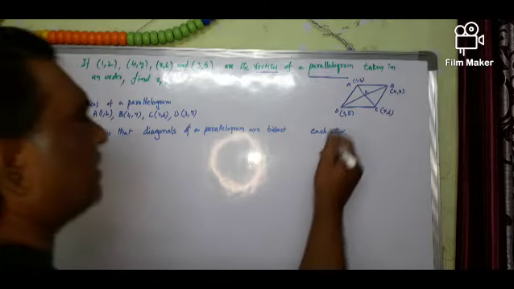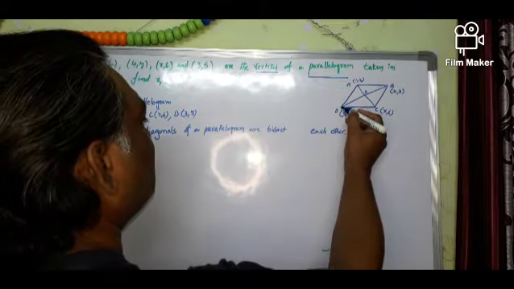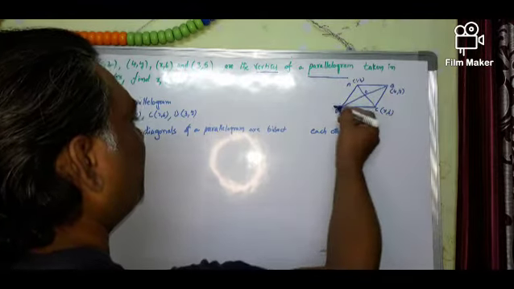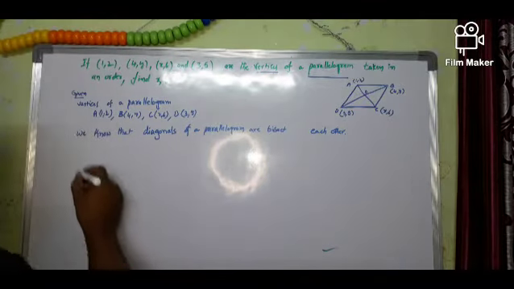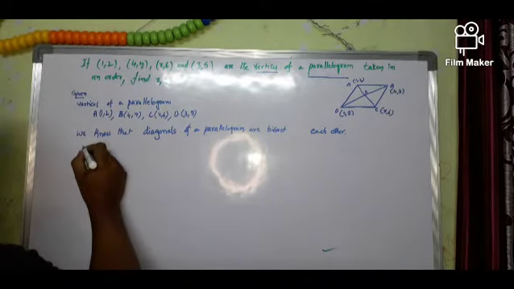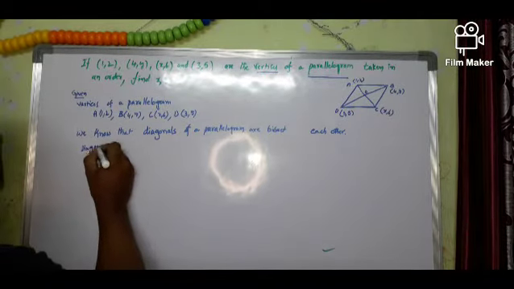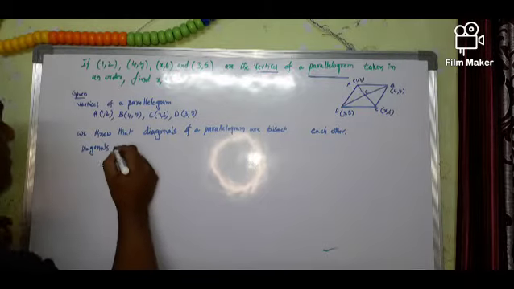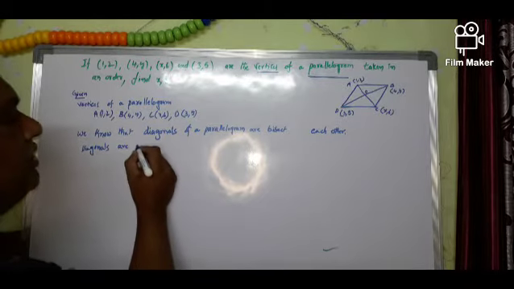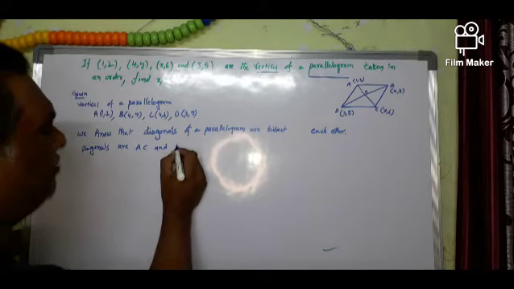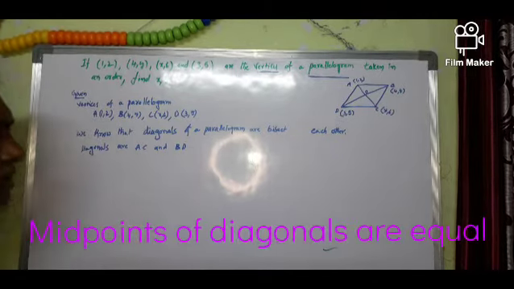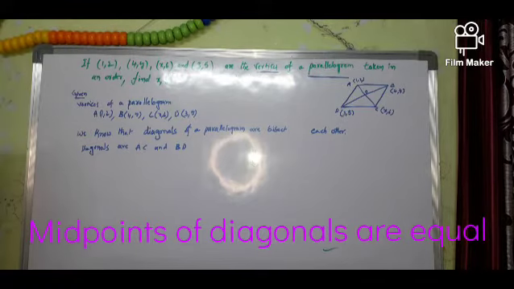So the diagonals are AC and BD. These two diagonals bisect each other.